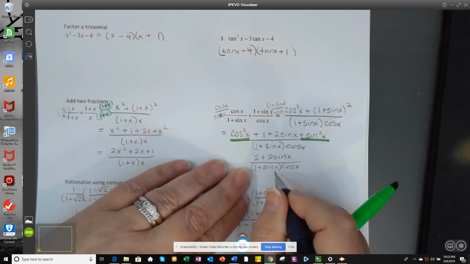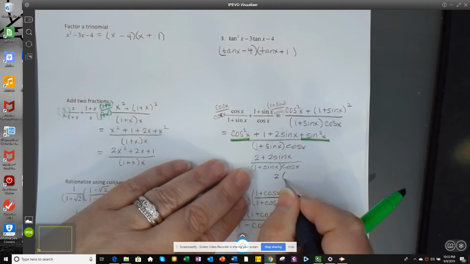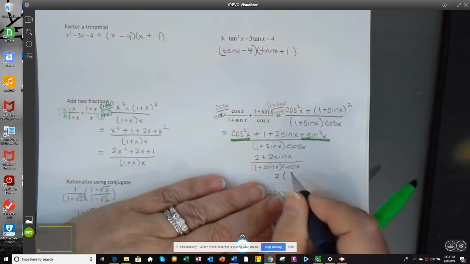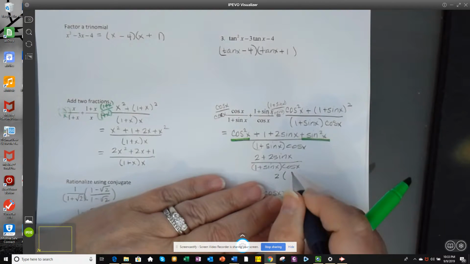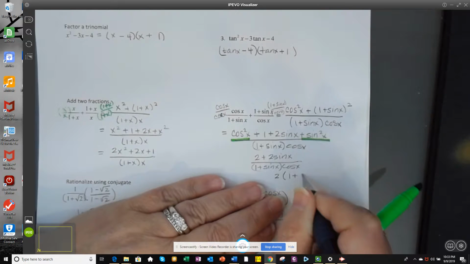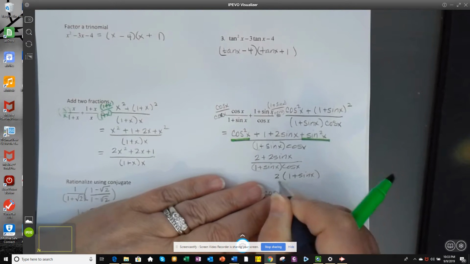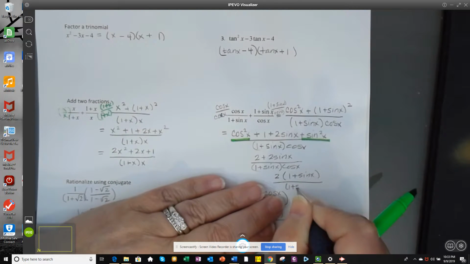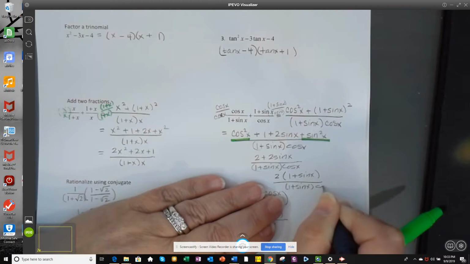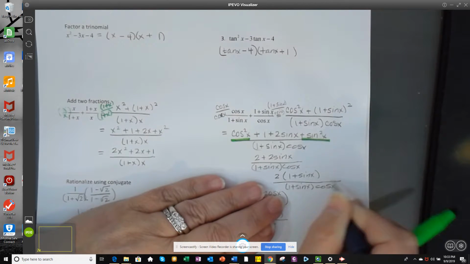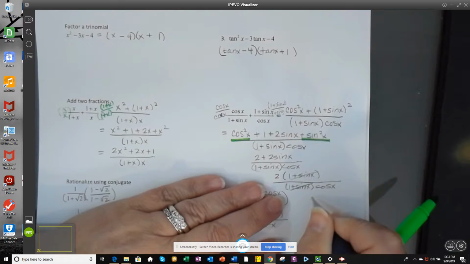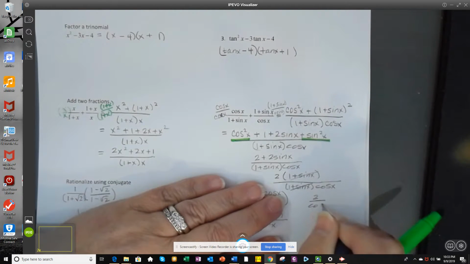I can then factor out a 2, and I'm running into this problem here, so I'm going a little bit to the right here. And I get 1 plus sine x over 1 plus sine x times cosine x. And since I have factors here, I can cancel these out, and I'm left with 2 over cosine x.